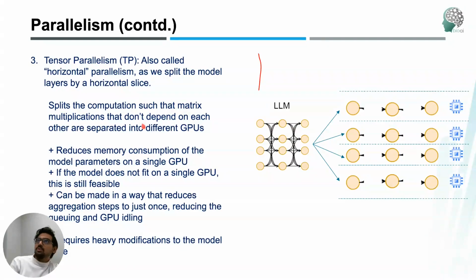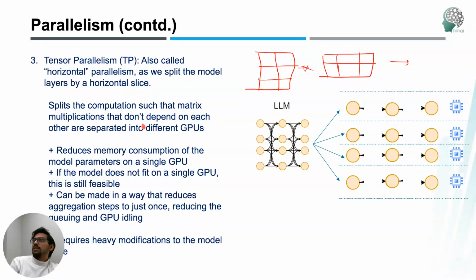So usually you have an input, you multiply that with a weight matrix, and then the result of this multiplication is an output which might get fed into the next layer.